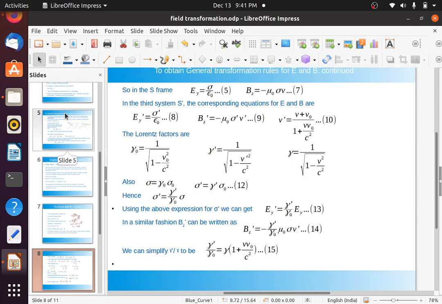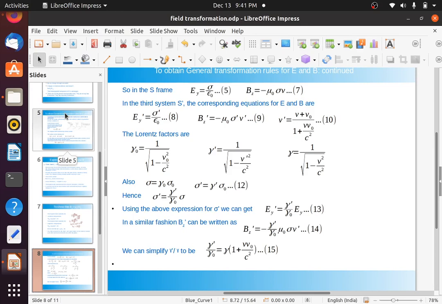So next we are going to look at the derivation of the equations. So we have seen how these equations are obtained. In the S frame we have got Ey is equal to sigma by epsilon 0 and Bz is equal to minus mu 0 sigma V0. Then in the third system, these equations are further modified.